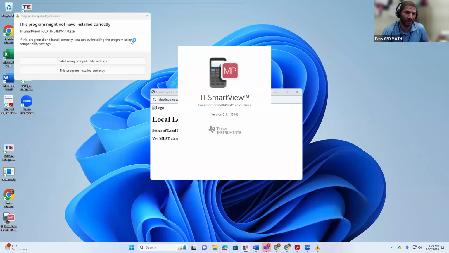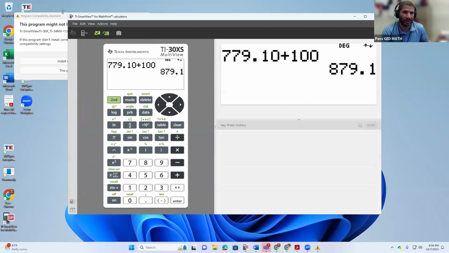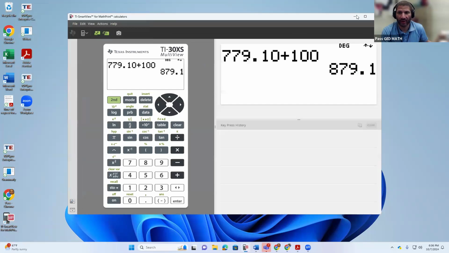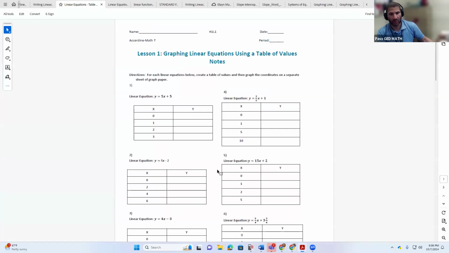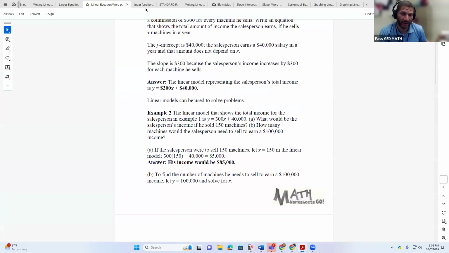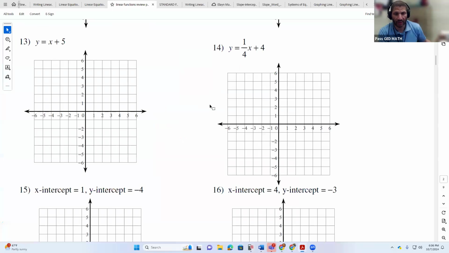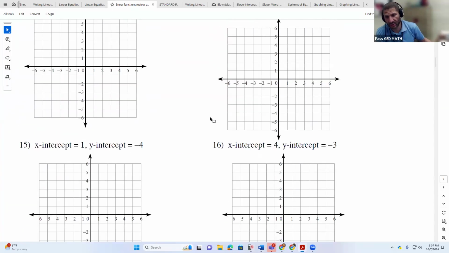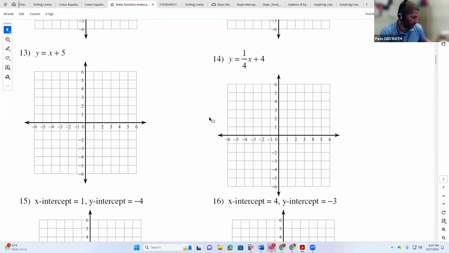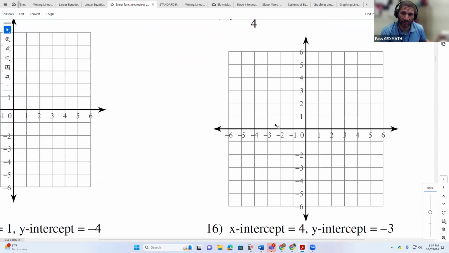Oh my goodness. Oh, there you go. Okay. I thought I messed it up. So first thing we want to do is I'm gonna show you how to graph a line. Let's see if I got standard form. Then I'm gonna show you how to get the equation of the line from the graph, right? So let's look at this one first.